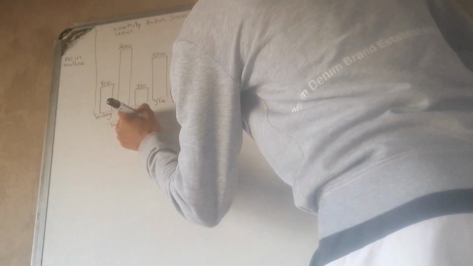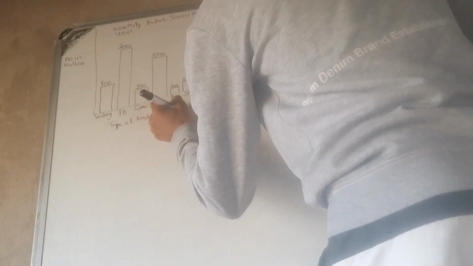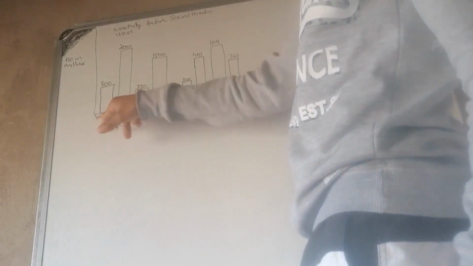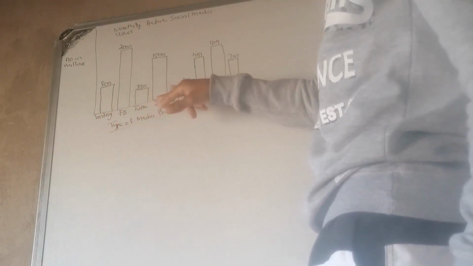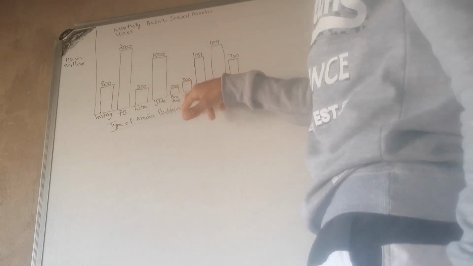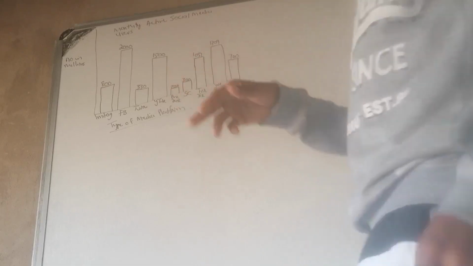So this is what we have. Okay, so what is happening here? We have Instagram, Facebook, Twitter, YouTube, Pinterest, and what is this, SC?